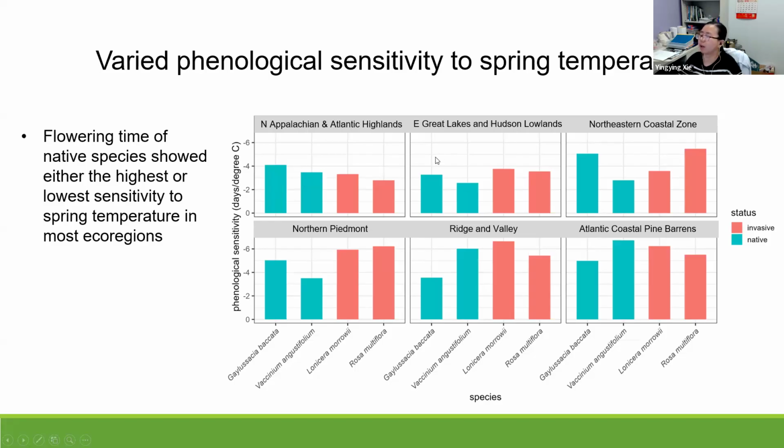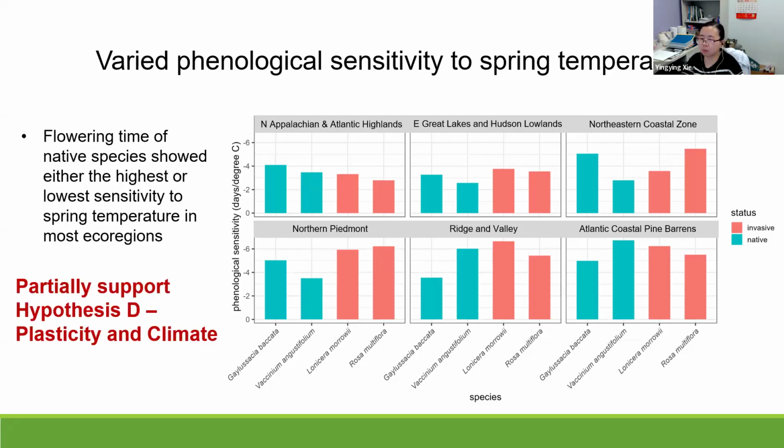We also compared the sensitivity across 6 ecoregions where all species occur, but we didn't find any clear pattern. For the native species, the blue bars, we might find they show either the lowest or highest response to warming across the different ecoregions, which does not support hypothesis D. We expected the invasive species to show a stronger sensitivity because we thought they might benefit from their adaptation.